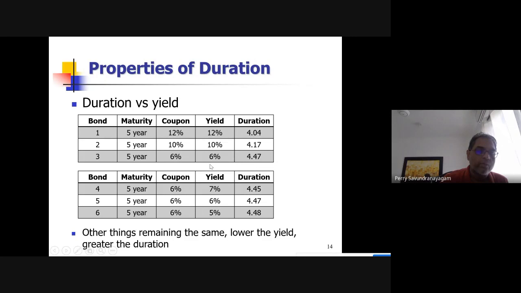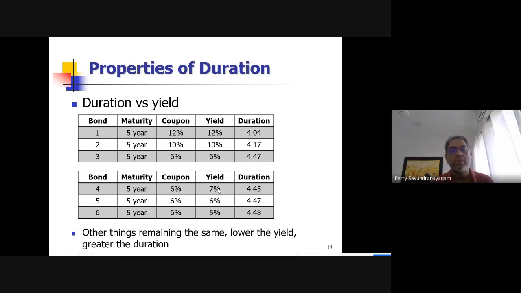Because interest rates go down to 5%, you make more. And here, although you're buying it at 12, your coupon is also 12, right? So the duration is less. If the coupon was less, then the duration would be more. Then you would have a higher thing there, like number 4.